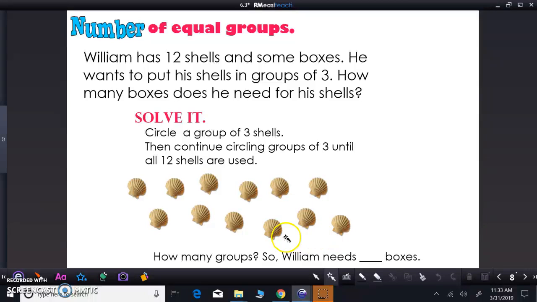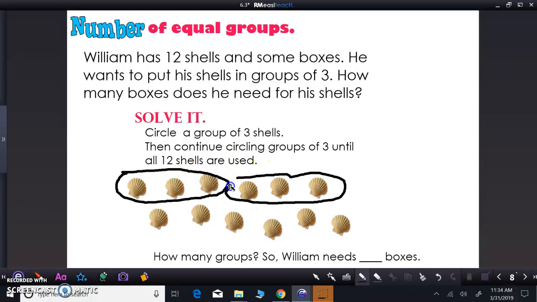I'm going to start with all 12 of William's shells. And just like we did before, we are going to circle groups of 3 shells. Each group represents one box that William will need in order to store all of his shells. Continue circling groups of 3 shells until you have no shells left over.